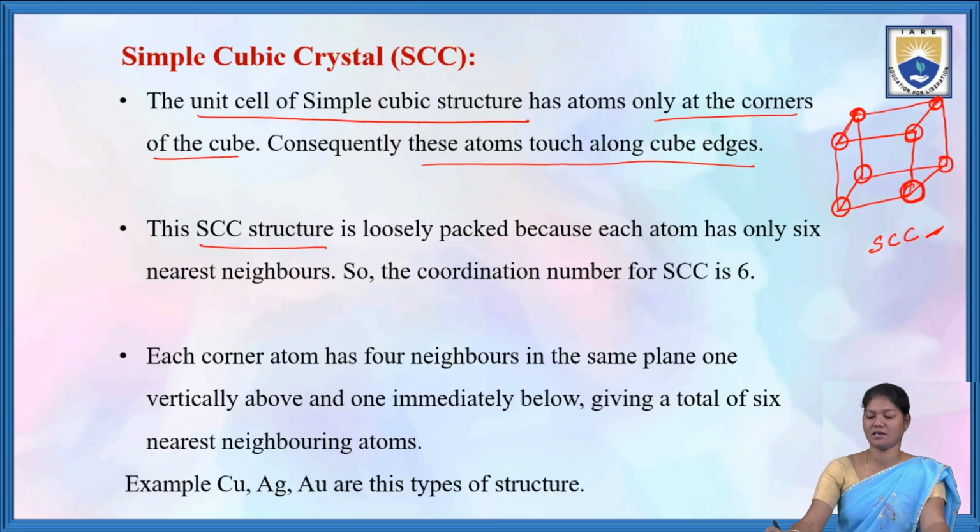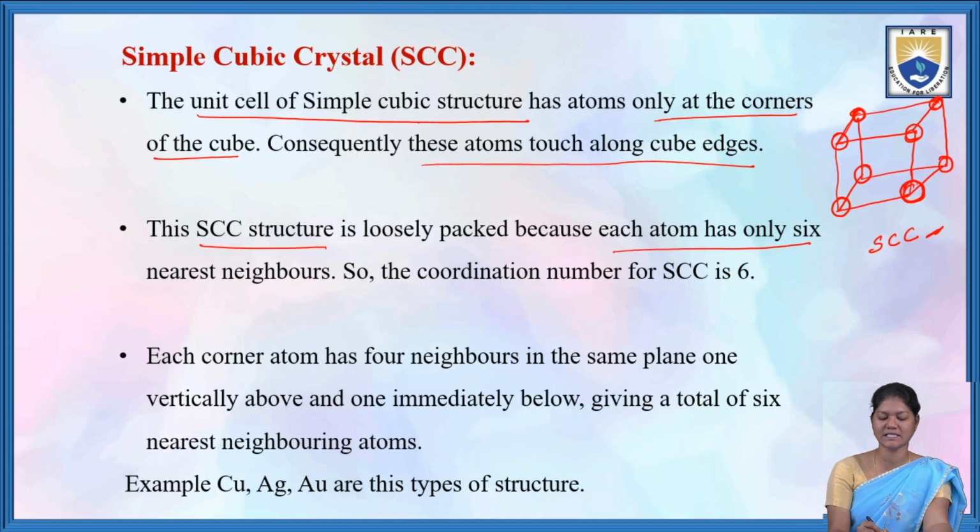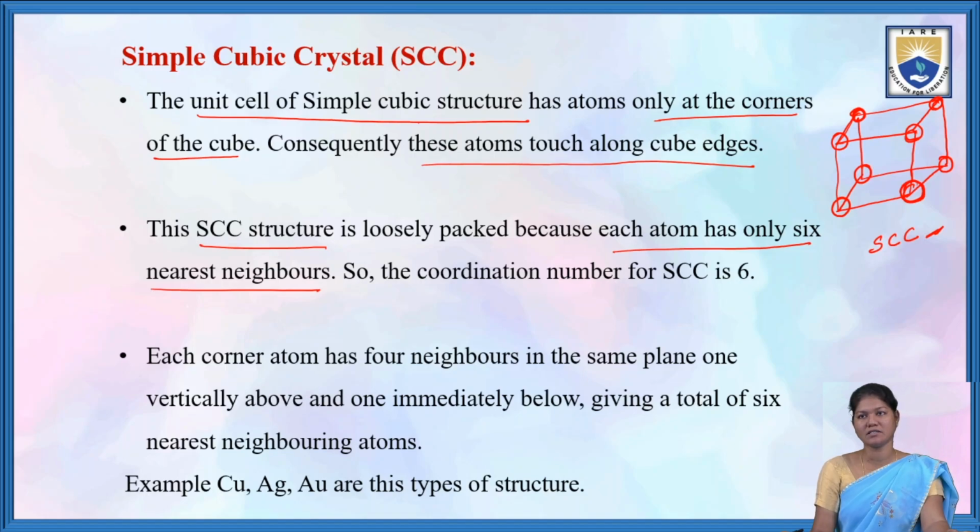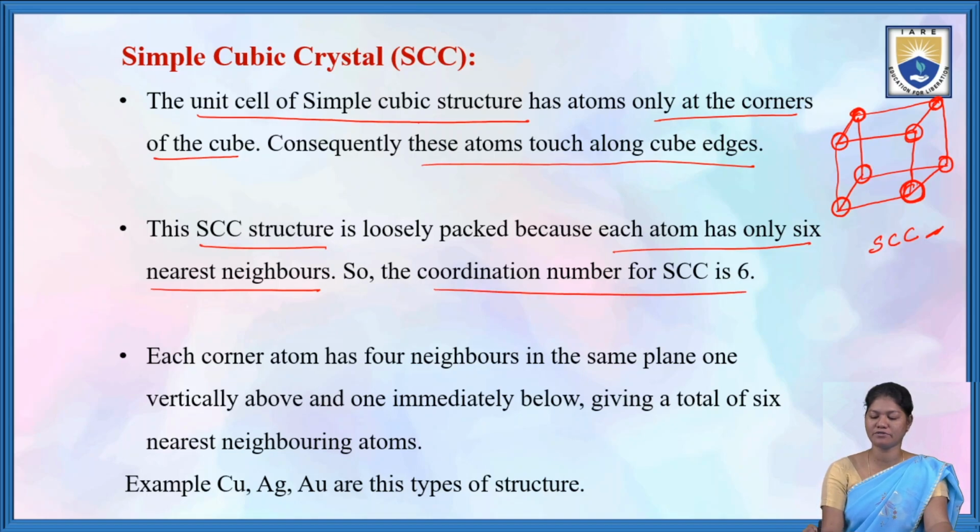Why is it loosely packed? Because each atom has only 6 nearest neighbors. So the coordination number for SCC, that is simple cubic crystal, is 6. How can we calculate this coordination number for a simple cubic crystal?